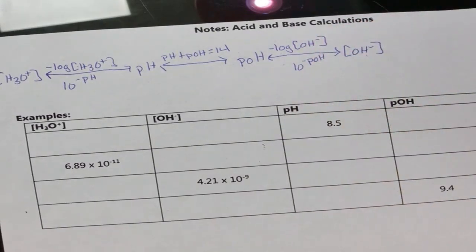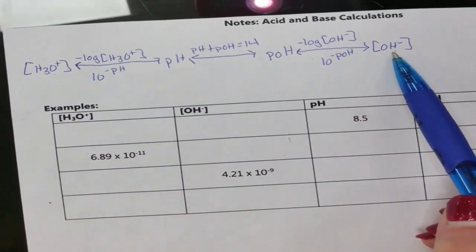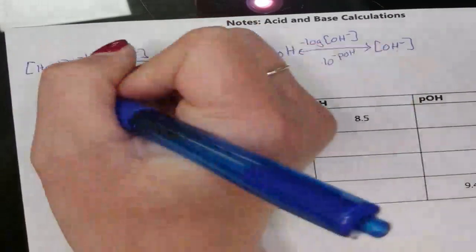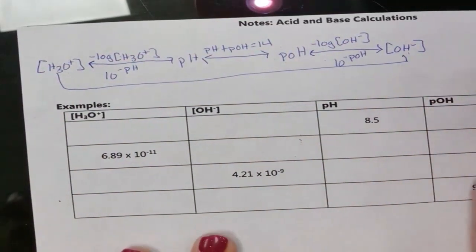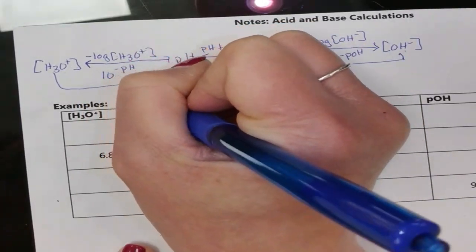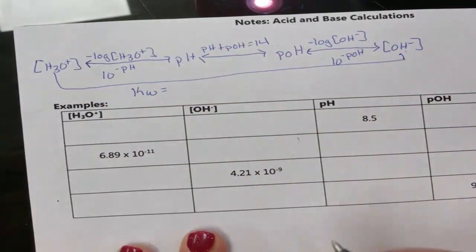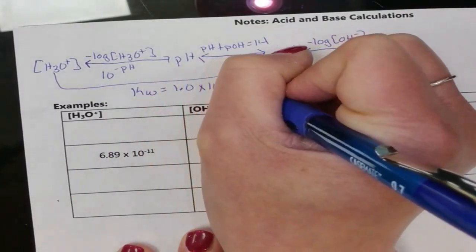Now, if I have my H3O plus, I can go direct to my OH as well, where Kw has a value of 1.0 times 10 to the negative 14.